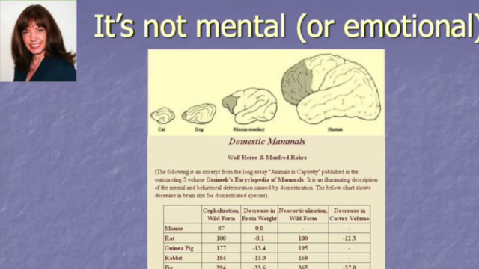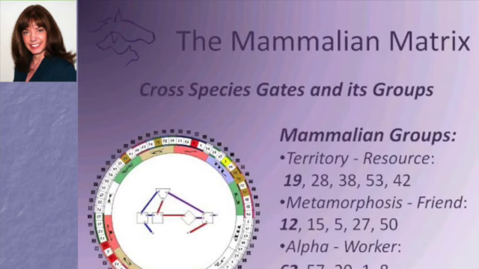If you'll go to the next slide, we'll talk a little bit about some of the themes that are different in the activations. One of the wonderful things that I've experienced with mammals is this bond. And whether you have your own bond with animals or not may have to do with your own human design. There are what we call cross-special gates in the matrix.